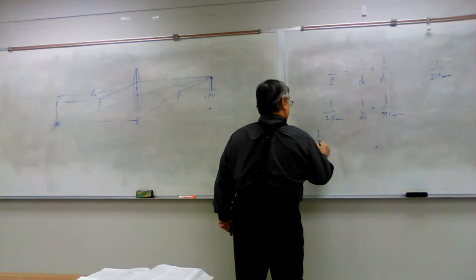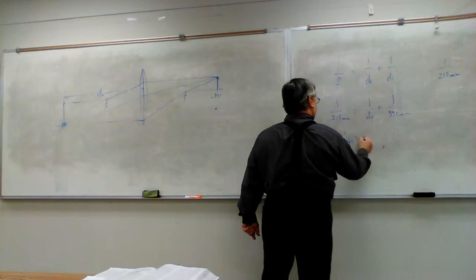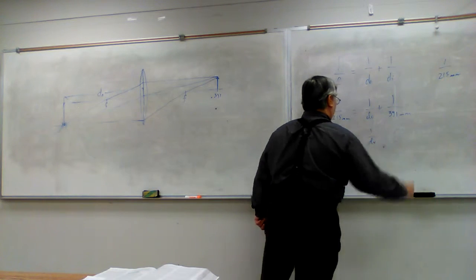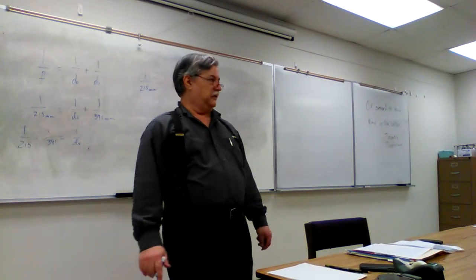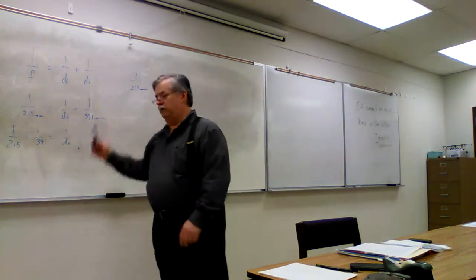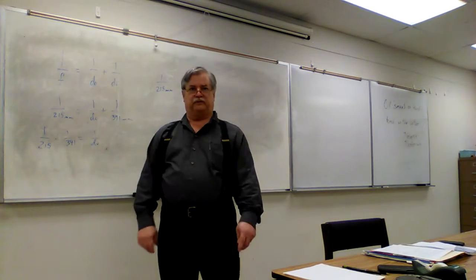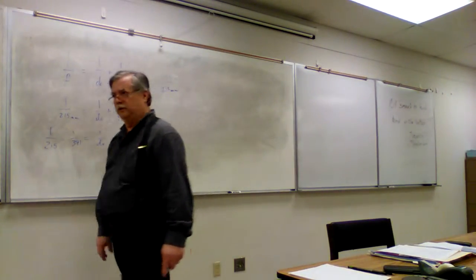So 1 over 215 minus 1 over 391 equals 1 over D sub O. You can punch the numbers into your calculator. Just 215 reciprocal minus 391 reciprocal equals reciprocal. You've got D sub O.